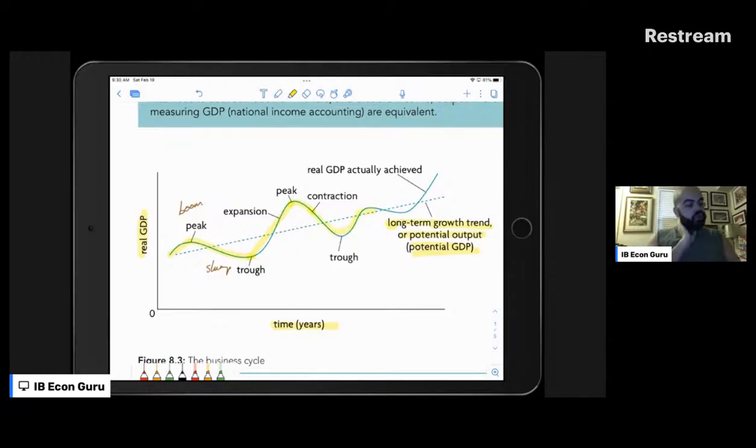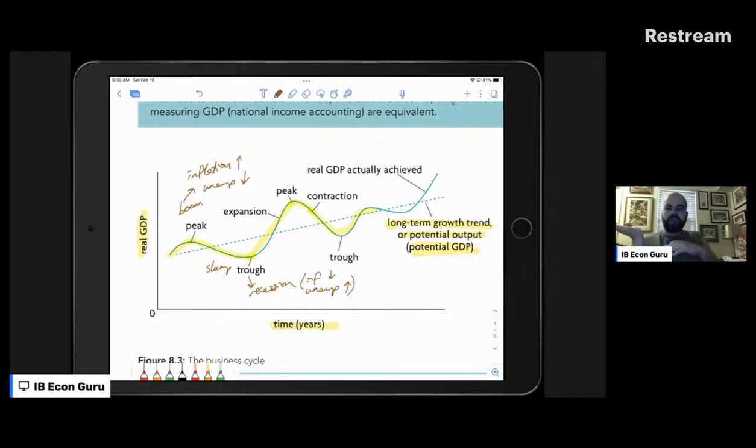During a boom, you see inflation increasing and unemployment decreasing. And during a slump or a trough, you have a recession, which is the opposite. You have inflation decreasing and unemployment increasing.